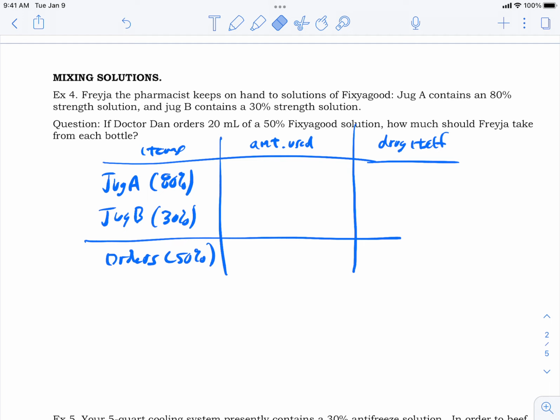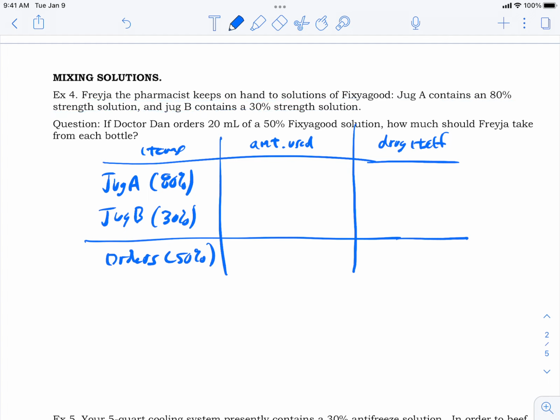So, can we fill in any of these spots with information? So, Frey the pharmacist keeps on hand Jug A 80%. Yep. Jug B 30%. Yep, we've used that information so far.